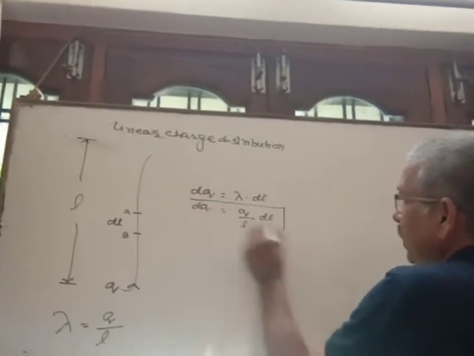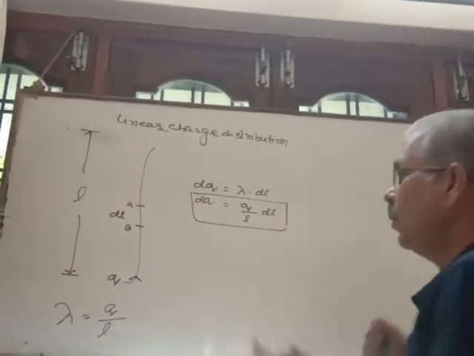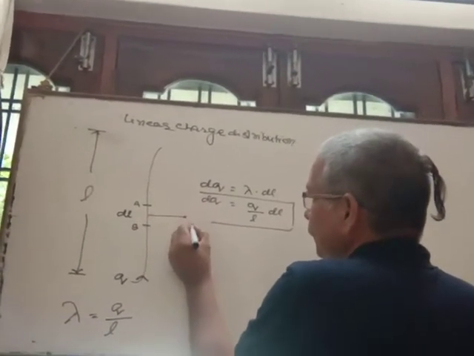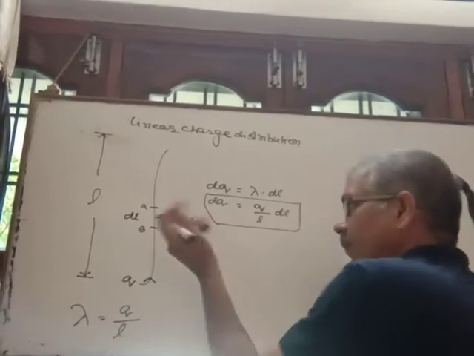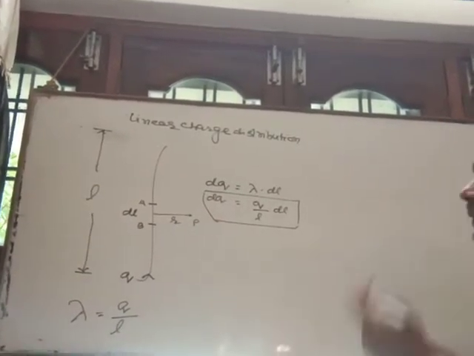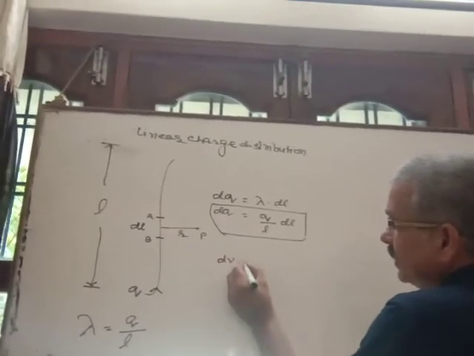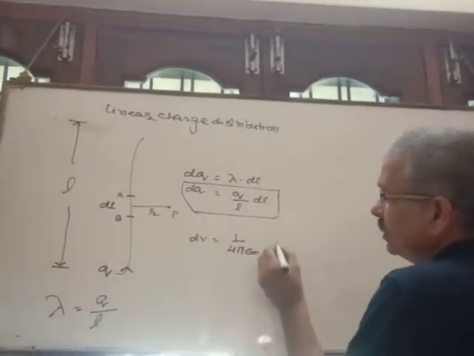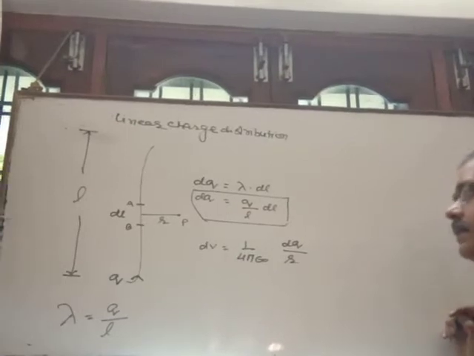This is the amount of charge present in that particular segment. So what is the potential at point P, which is at distance R from the segment? That will be, suppose dV is equal to 1 by 4 pi epsilon 0 dq by distance R.